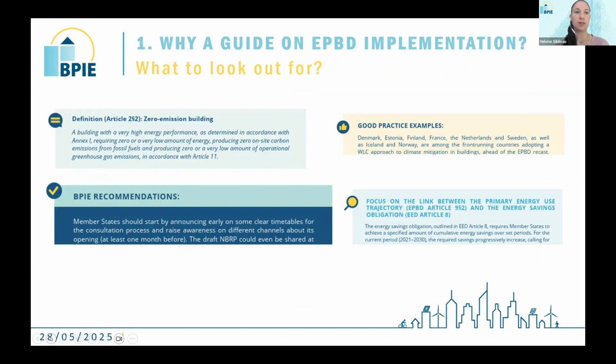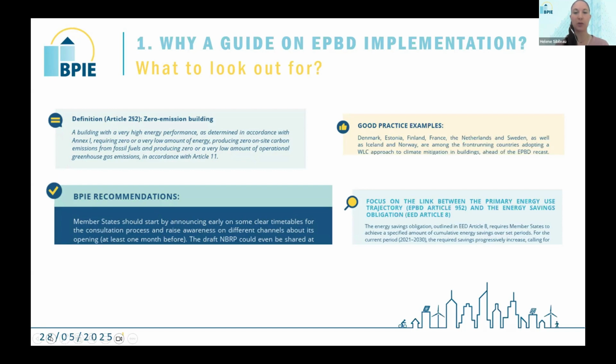So we have definition boxes, which is really important to understand because the EPBD brought new concepts and it's very important to understand them. Of course, we have our BPIE recommendation boxes and we have more than 80 throughout the document. We also wanted to have something that is really palatable and concrete.